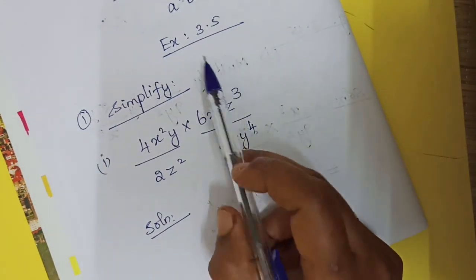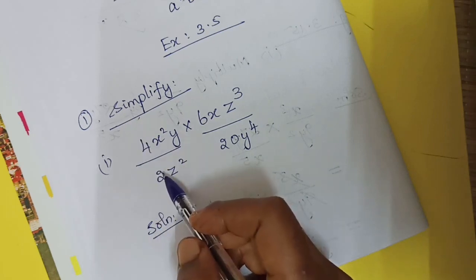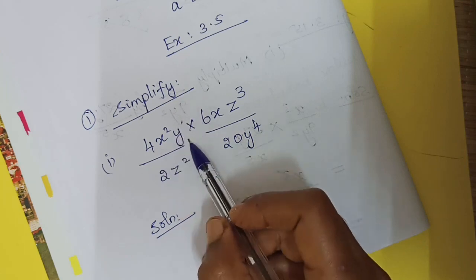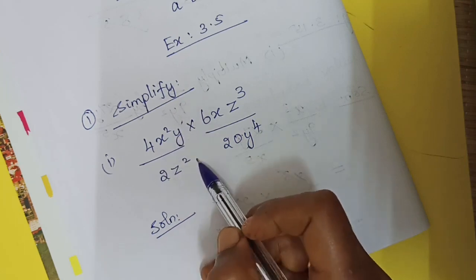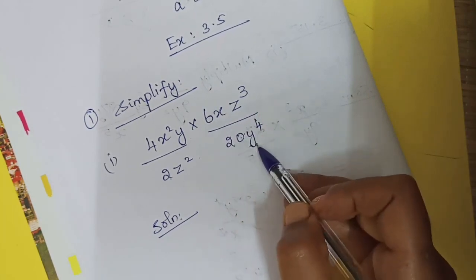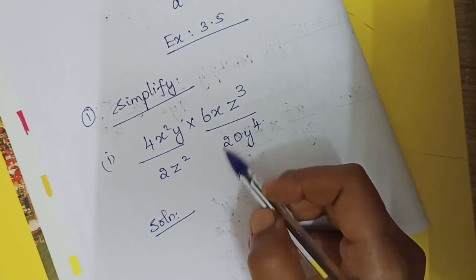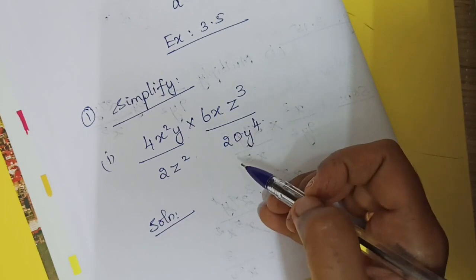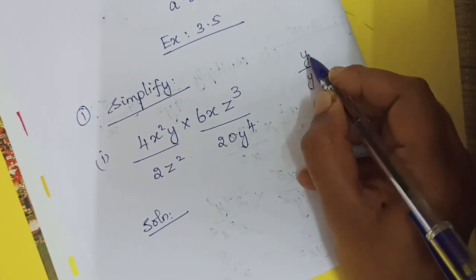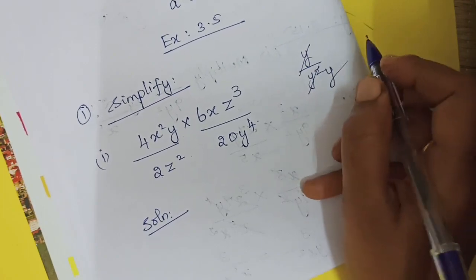Okay, now listen. Exercise 3.5, first Roman numeral, first problem. Very simple problem. It's just a simplification only. So 4x square y divided by 2z square and 6xz cube divided by 20y power 4. We need to cancel the same variable, one in the numerator and one in the denominator. For example, y by y square. We can cancel this. Here 1y will go, here also 1y will go and 1y will remain.